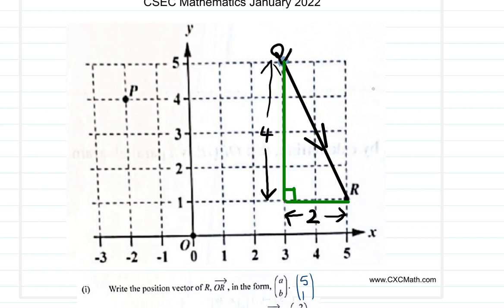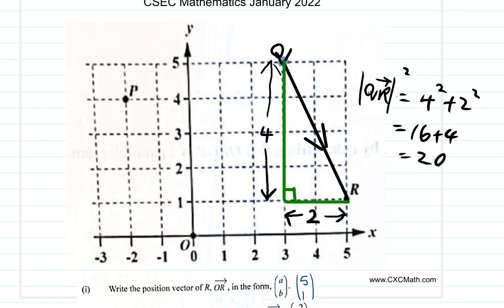So, the magnitude of QR, you use Pythagoras theorem to do it. So the magnitude of QR squared equals 4 squared plus 2 squared, which is 16 plus 4, which is 20.